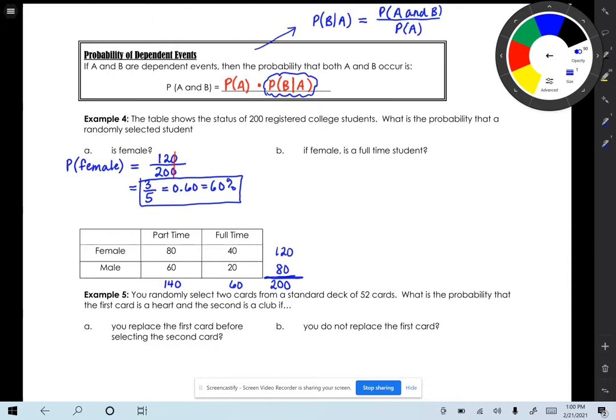The person's already a female, so we want to look at the female portion, and you want to look at full-time students. So you want to look at this number and that number.